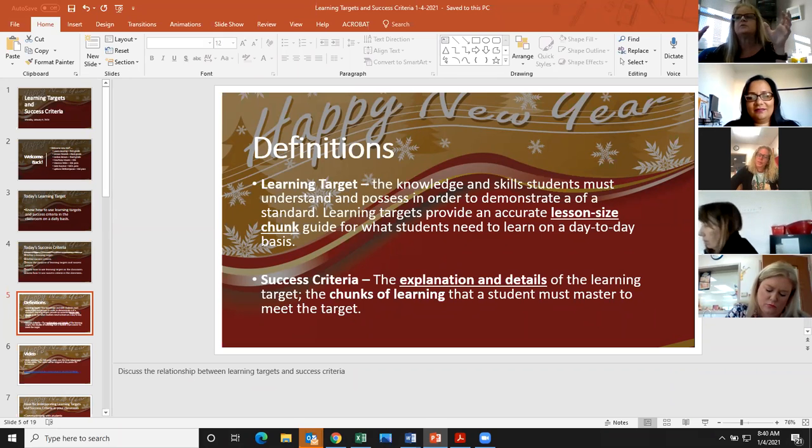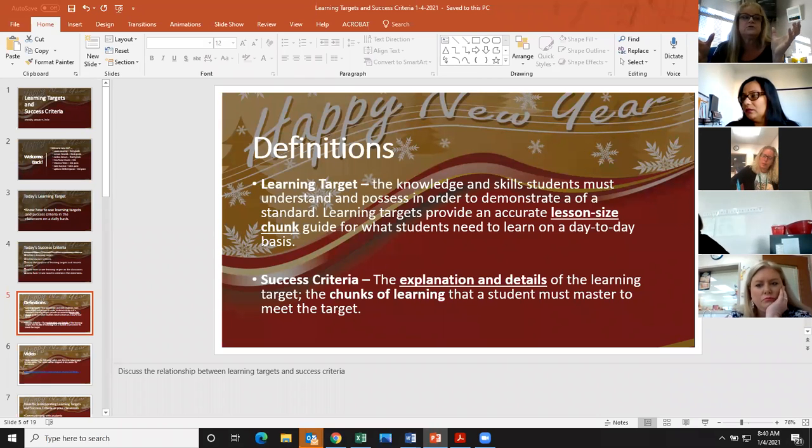So you've got your standard, which is the overarching concept that you need to teach. And then the learning target is smaller. It's the lesson-size chunk that the students need to learn that day.